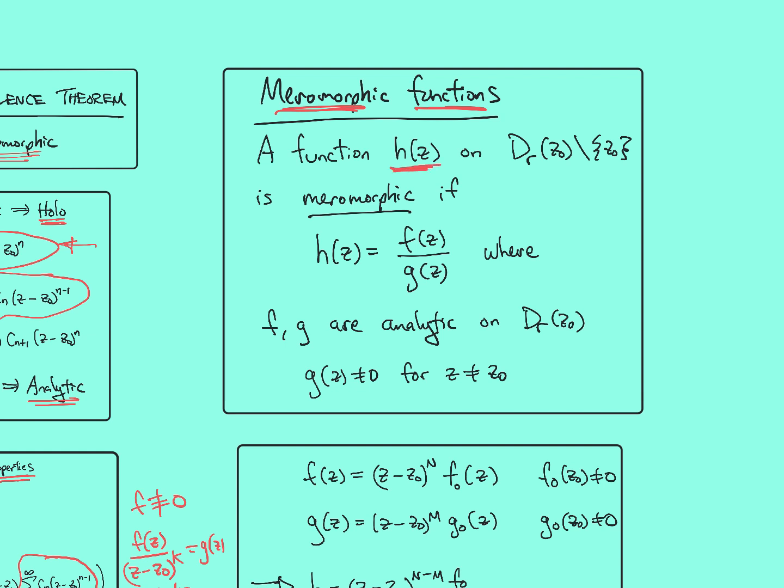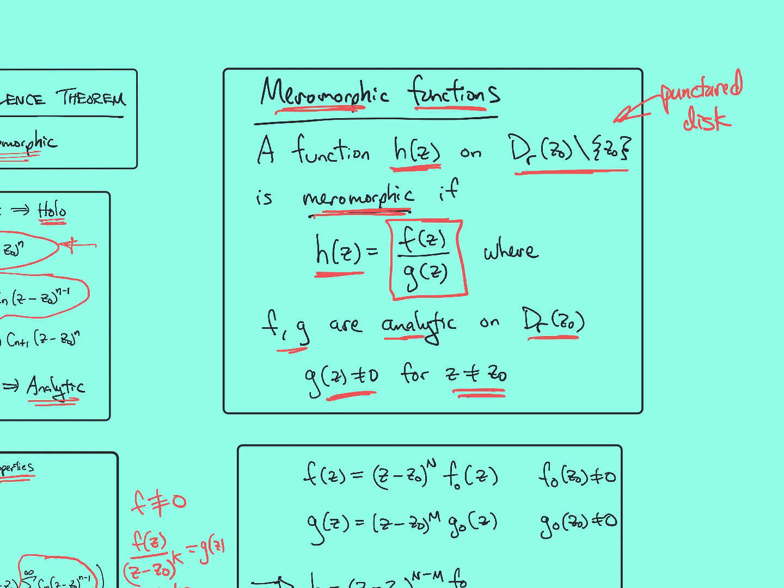So a function h, just defined on here, this is a punctured disk, so the disk centered at z naught with z naught removed. It's meromorphic if it has a representation as f over g, where f and g are analytic on this disk, and g here is non-zero away from z naught.